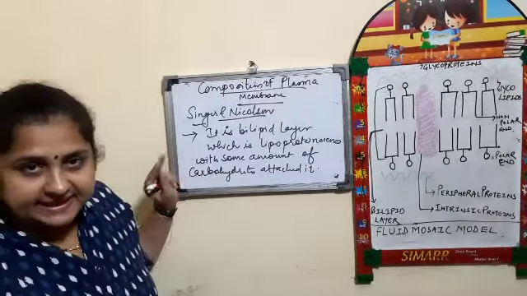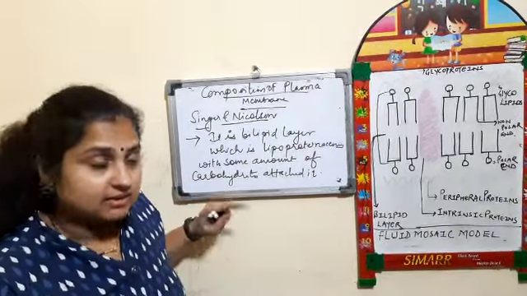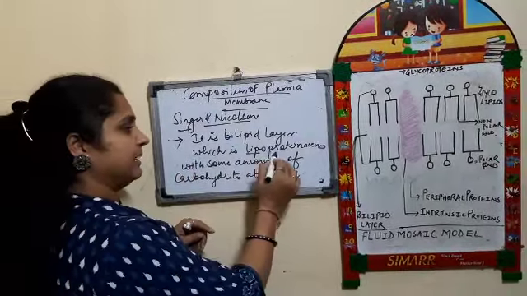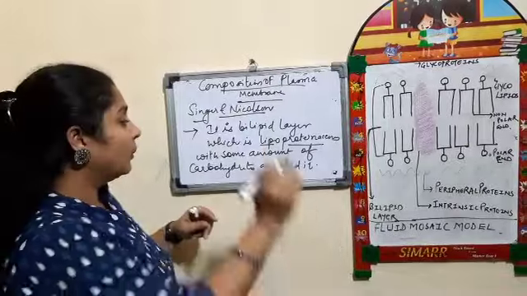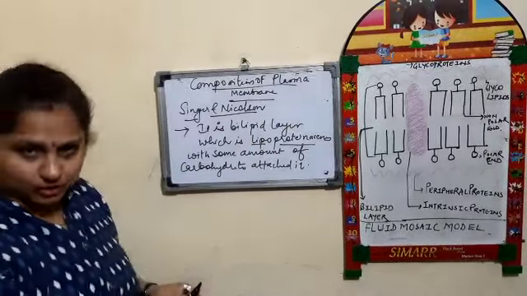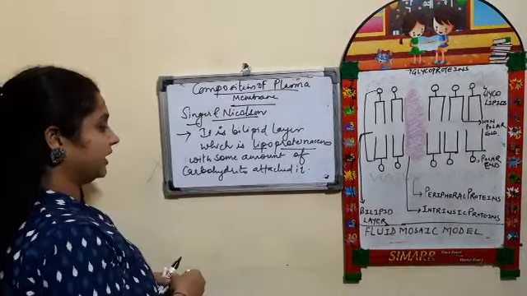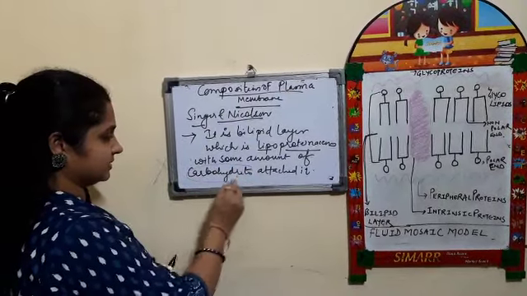The model explained that it is a bilipid layer and it is lipoproteinaceous, means it is made up of lipid and protein. Fine. With that, a little amount of carbohydrates were present in it.